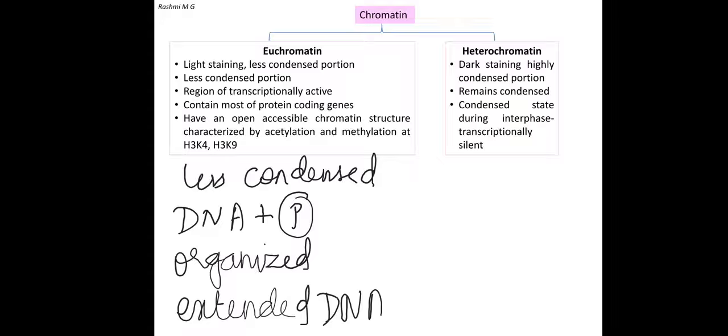Extended DNA means loose DNA, like a thread. So I'll draw an extended DNA like this. There are some portions which are dark, and there are some portions which are light. The light-stained, less condensed portions are called euchromatin.